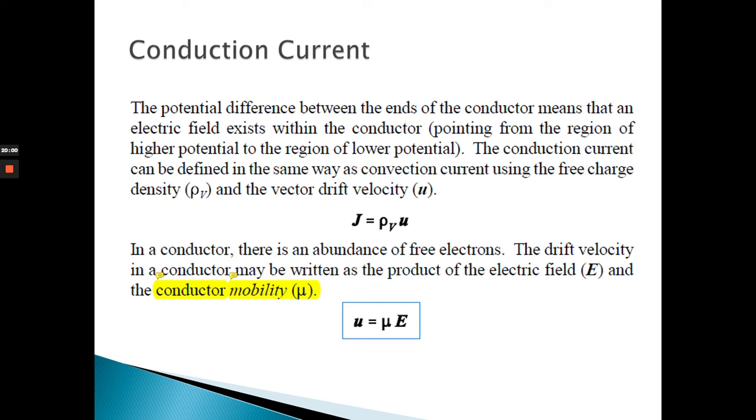If we apply an electric field, there is a conductor mobility, which is very low for an insulator, meaning it is negligible, so they don't use it. But here the conductor mobility is very high, so you replace the drift velocity with the conductor mobility multiplied by E. Once we replace this, we get our final result.